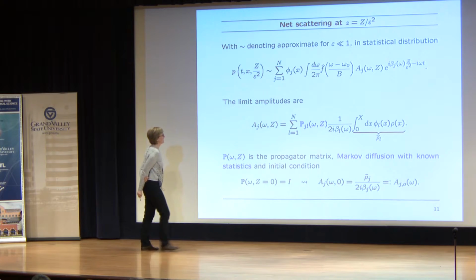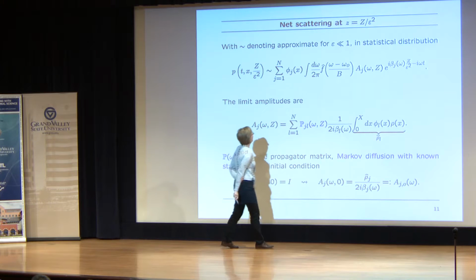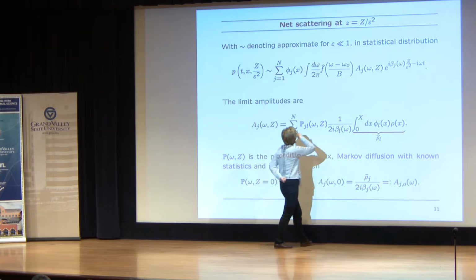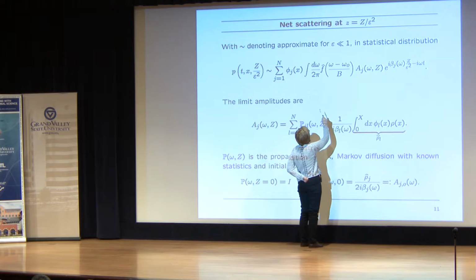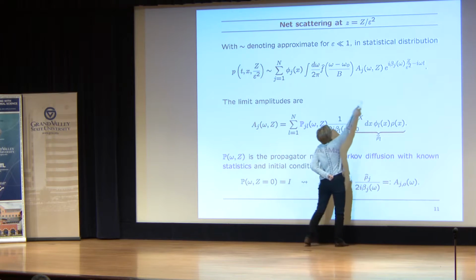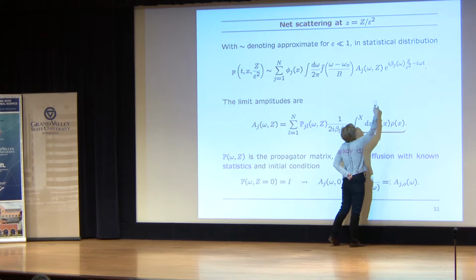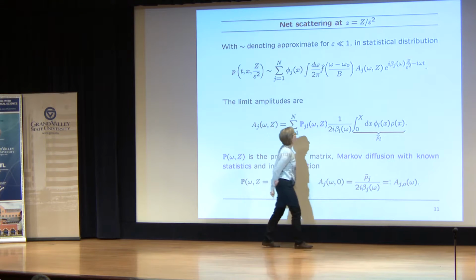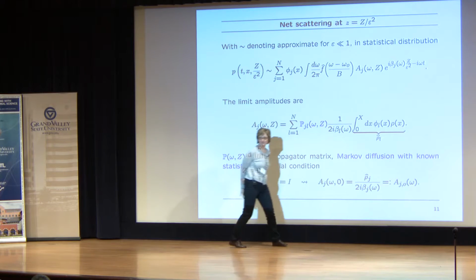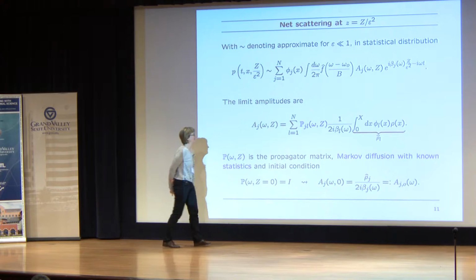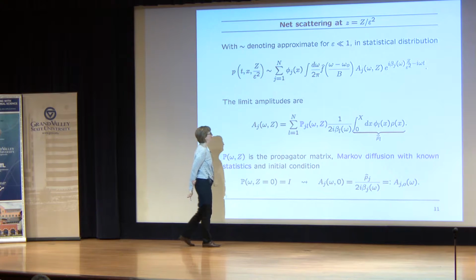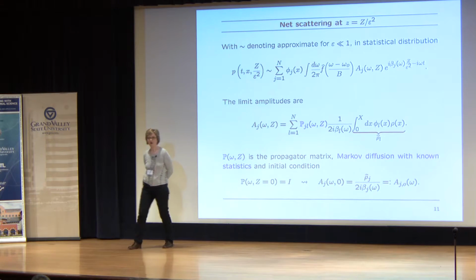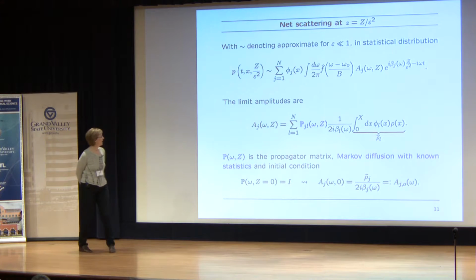And in statistical distribution, so what do I have here? You see I have the wave P, which is basically a superposition of modes again, or if you wish, this integral here is just a 1D wave, which is propagating along the z direction. And the source information and the scattering effect are encoded in this amplitude AJ, which is the limit of the forward amplitudes.